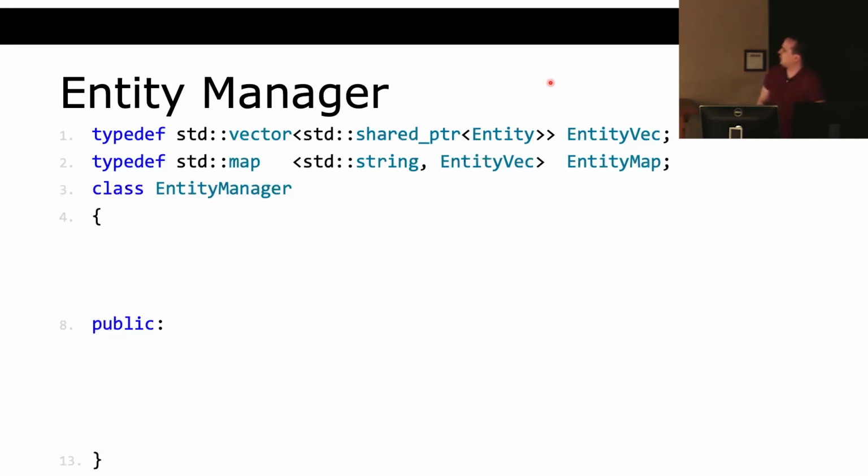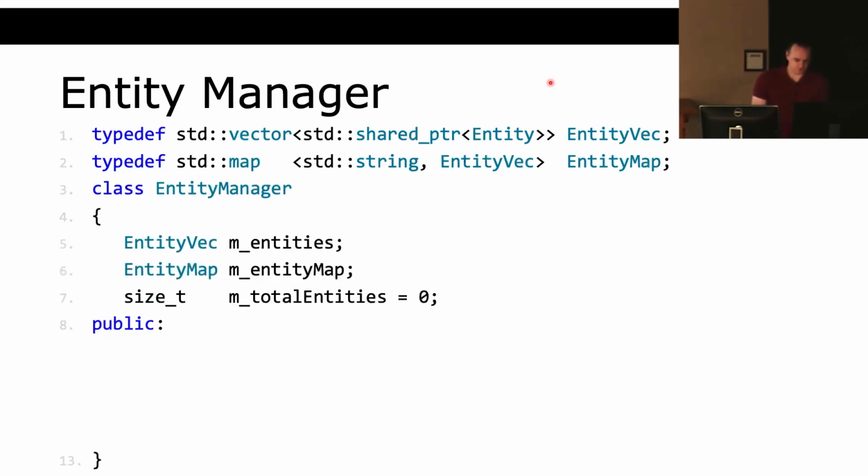So what are we going to store in the Entity Manager? We are going to store our entity vec of all the entities, right? So this is where all of the shared pointers to all our entities is going to live in this first one. Then we were going to have a second copy of all of those pointers in this map. And so this is that map we talked about. And then we're also going to do a little bit of bookkeeping where I'm going to have the total number of entities that I have ever created, right?